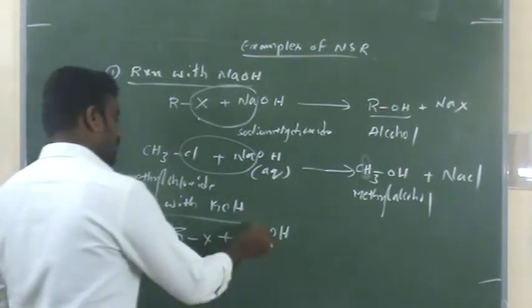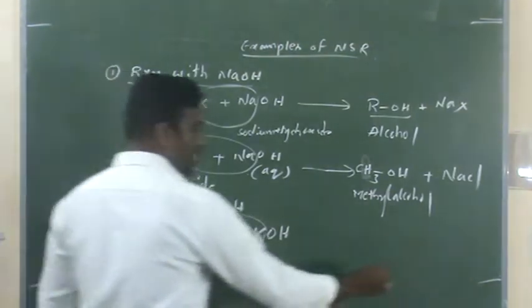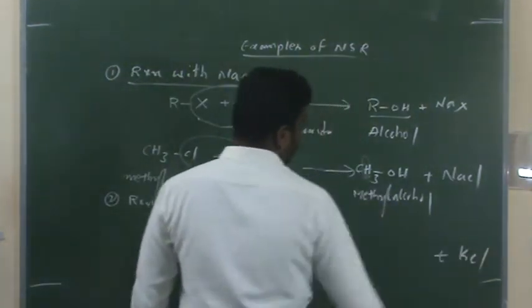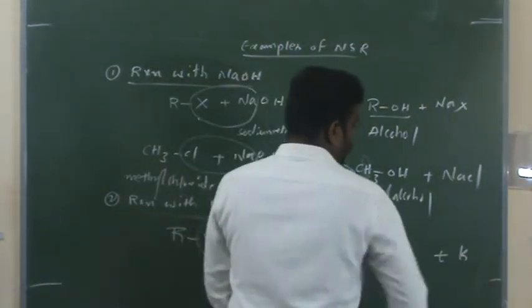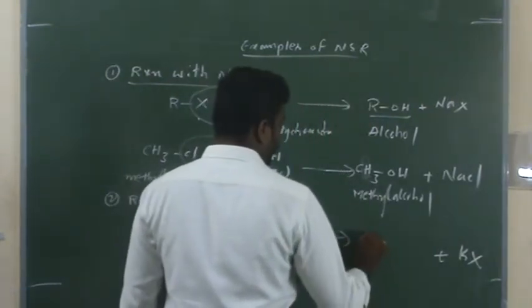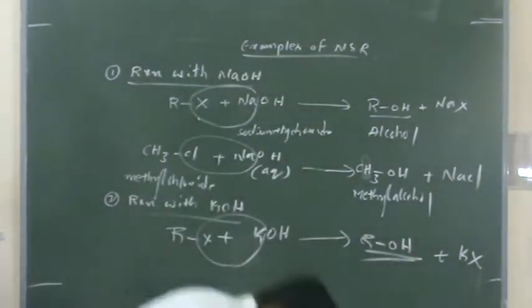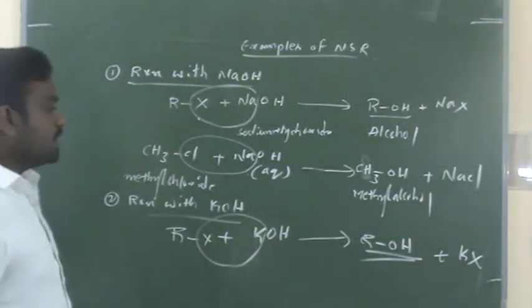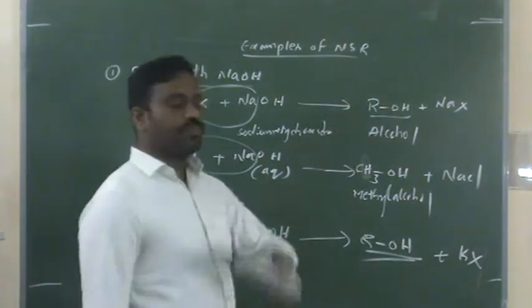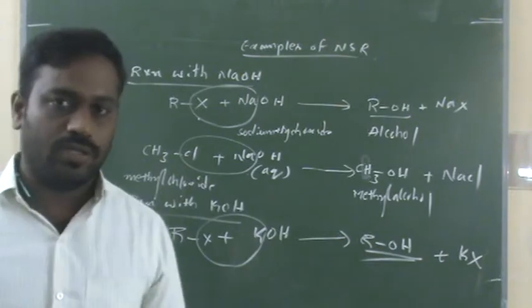Potassium hydroxide. This KOH removes this X in the form of KCl or KX. Then there is the formation of ROH. In both cases, either aqueous NaOH or aqueous KOH, the product obtained is called alcohol only.